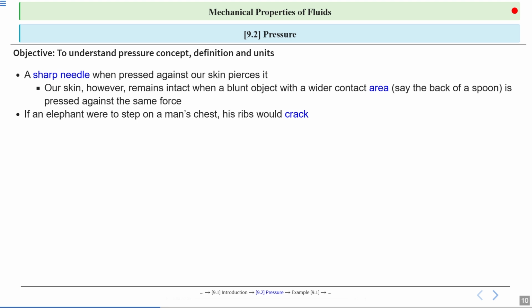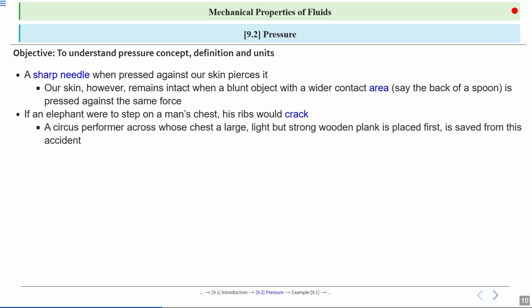Now imagine if an elephant were to step on a man's chest. The immense force over a small area would cause the ribs to crack. However, if a circus performer places a large, light but strong wooden plank across their chest first, they can avoid injury.